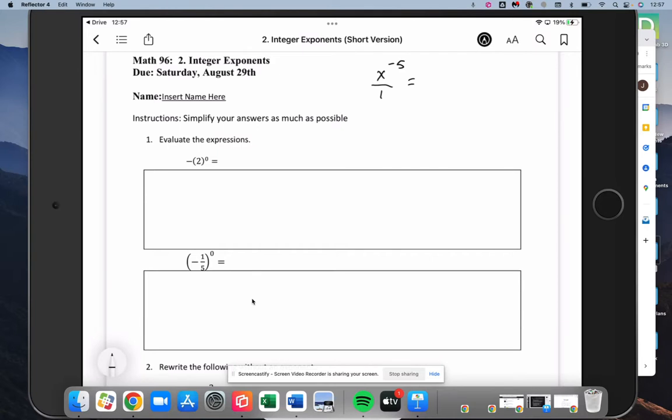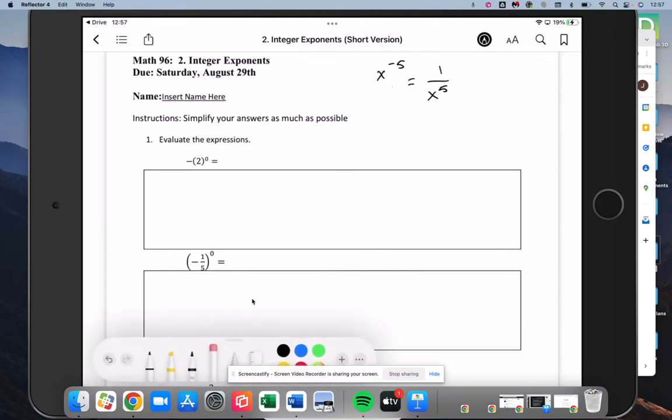So I would move that x to the negative 5 to the denominator, and it would become x to the positive 5. And then a 1 would be left in the top, and I would have 1 over x to the 5th. So if we had something like x to the negative 5, again, recognizing that that's really x over 1, to make the exponent positive, I need to move it to the denominator.